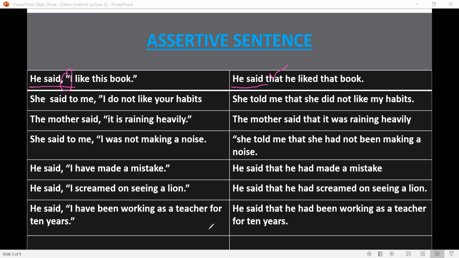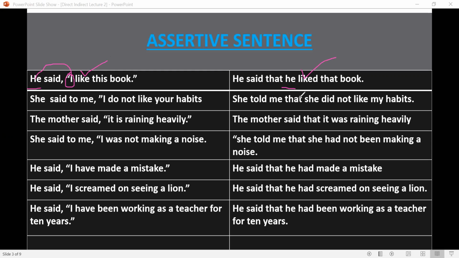I is a first person pronoun. First person changes into the subject of the reporting speech. So here, this is he, so this I has been changed into he. Present indefinite is changed into past indefinite, as you are seeing.